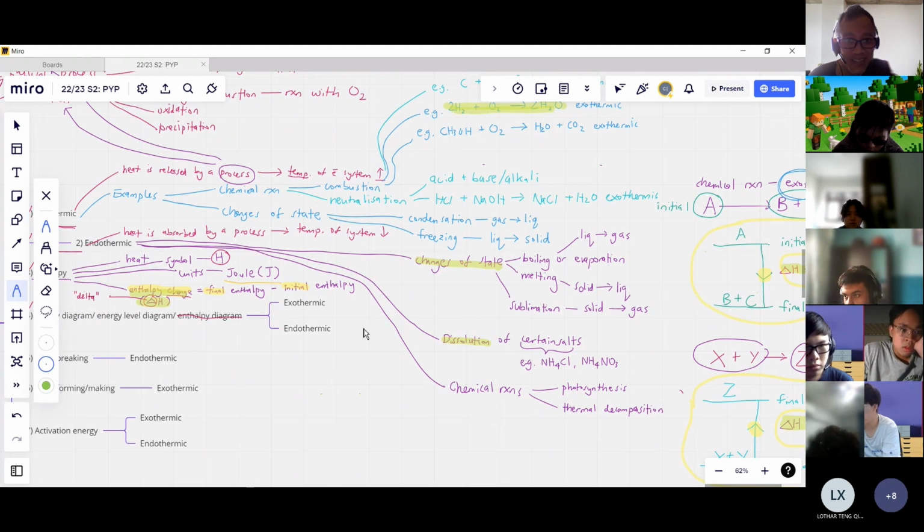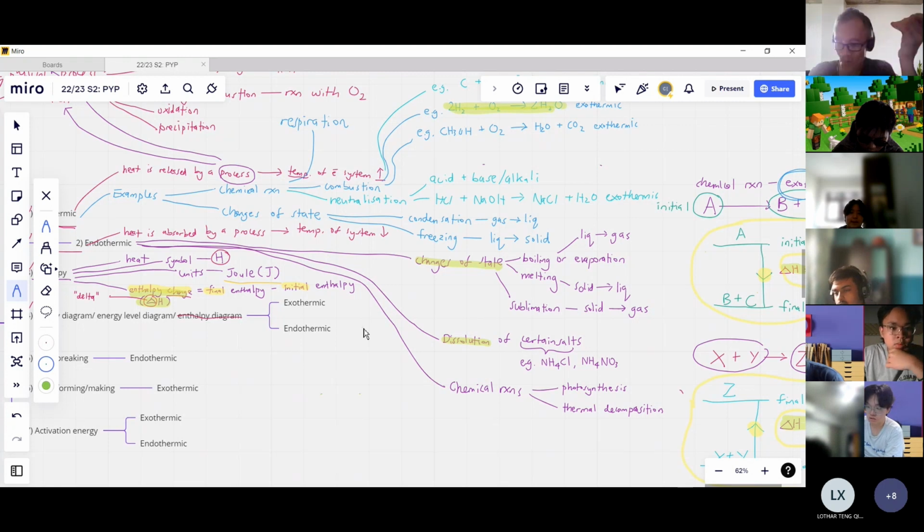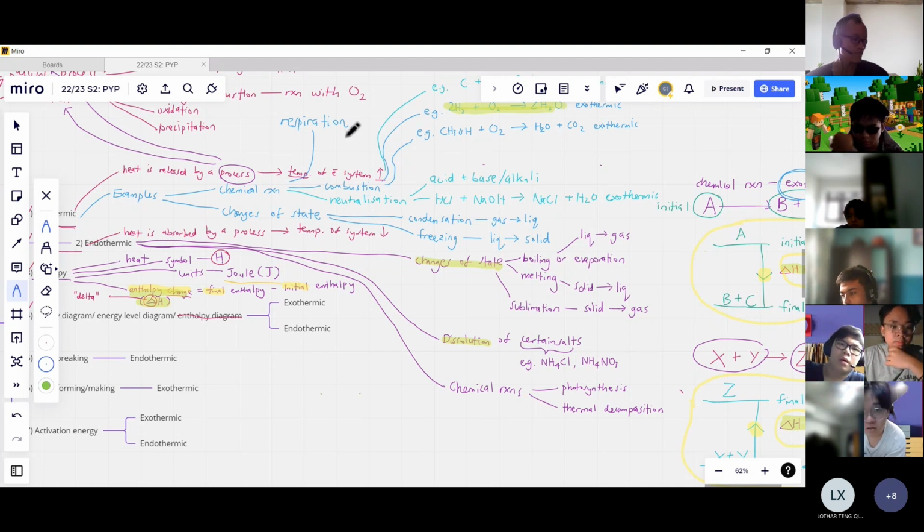So for exothermic chemical reaction, you should also include, strictly speaking, it's not a purely chemical reaction, it's a biochemical reaction, but nevertheless, you still need to know respiration is exothermic. So photosynthesis is endothermic. The opposite is respiration. Respiration is exothermic. So just jot this down, even though this is not guaranteed to come up.